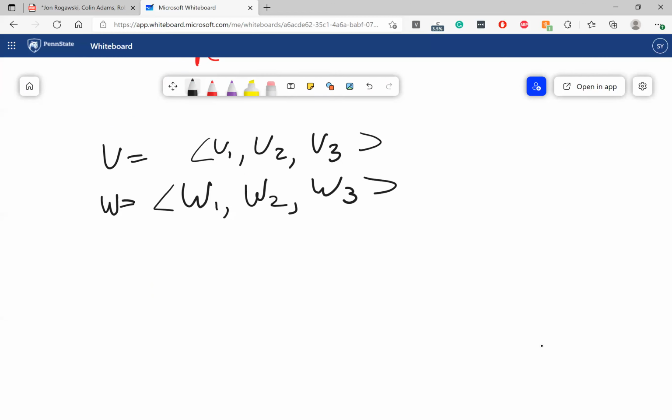So these are two vectors. You can take the cross product V cross W, and what you end up doing is you take the determinant of the matrix that goes, you put in the first row I, J, and K. And then in the second row, you put your first vector, V1, V2, and V3.